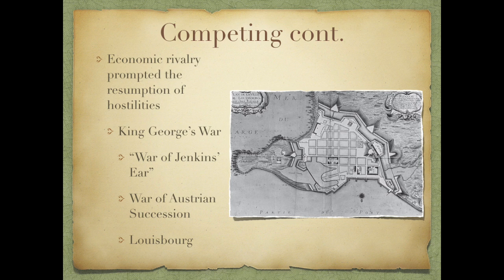Jenkins was a British smuggler who was caught in the Caribbean and had his ear cut off as punishment. The British chose to respond to this pretty extensively, suggesting that it was, of course, mainly an excuse to pick a fight.